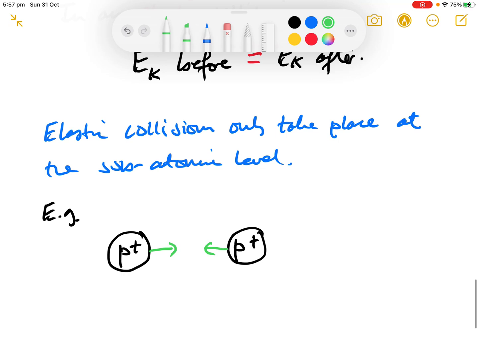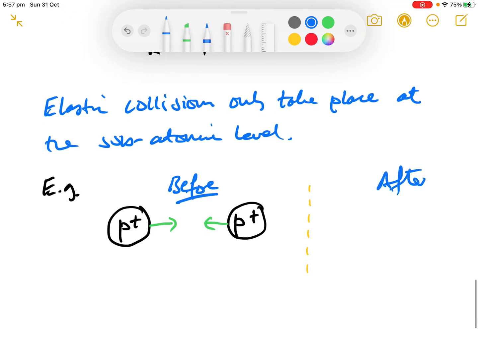They could be going in the same direction, or they could be going in a different direction. So if that was the before, your after might be like this. They both recoil.